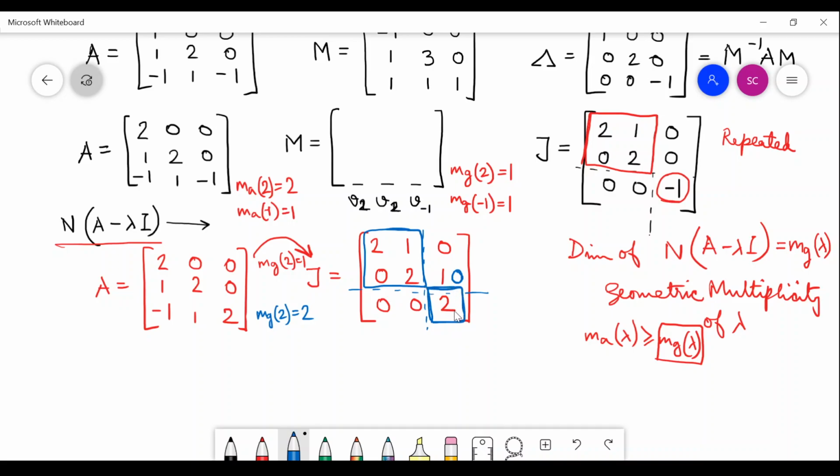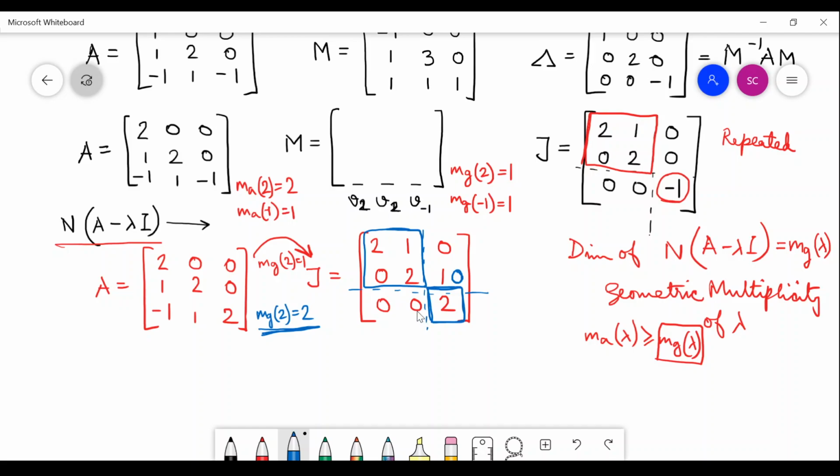So this is a Jordan block of size 1, which is the eigenvalue itself, nothing else. This is the Jordan block of size 2. So how many Jordan blocks are there? Given by the geometric multiplicity, 2 Jordan blocks. So you have to divide the 3 eigenvalues between 2 Jordan blocks. So one Jordan block will obviously be of size 1, another will be of size 2.